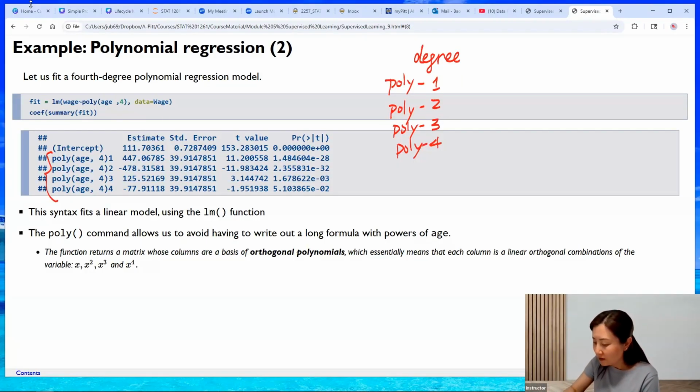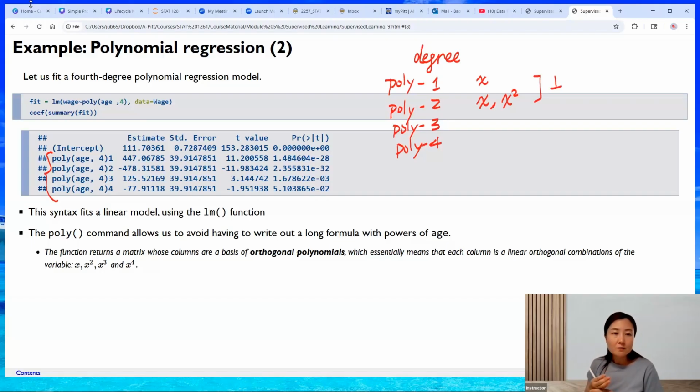Then poly 1 is just x itself. And poly 2 is a linear combination of x and x squared, or a weighted sum of x and x squared with some weights, such that these 2 terms are orthogonal geometrically.